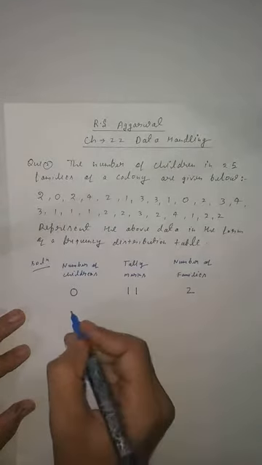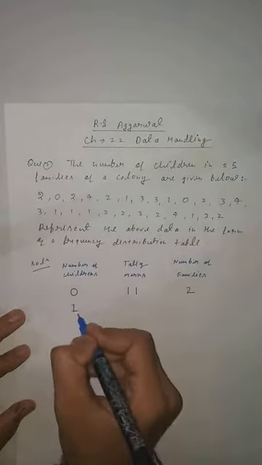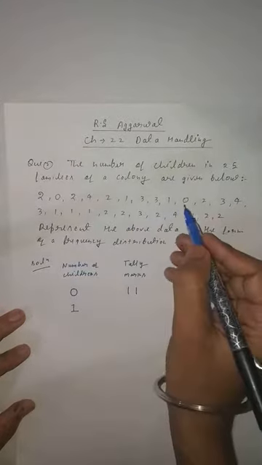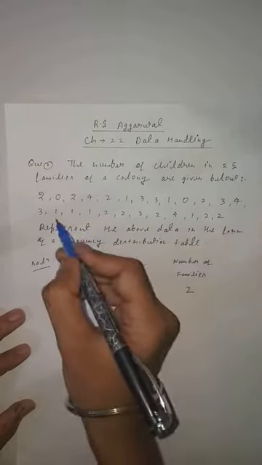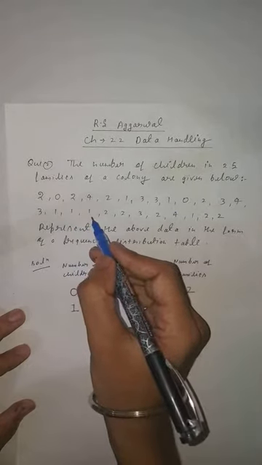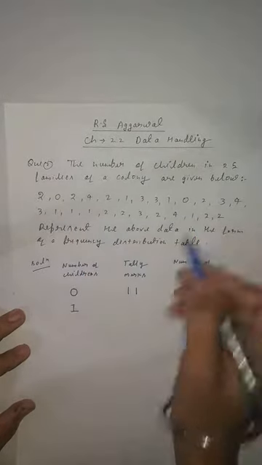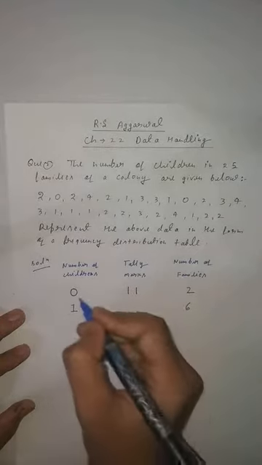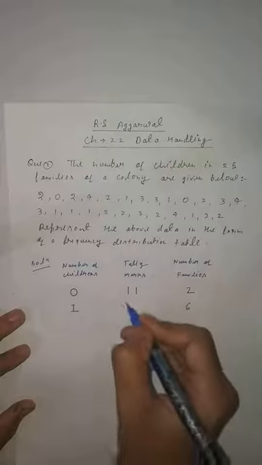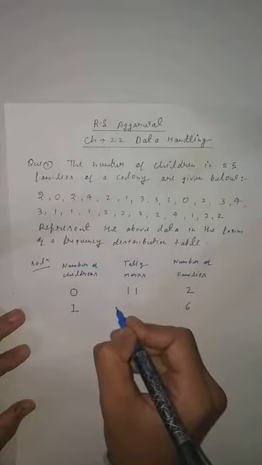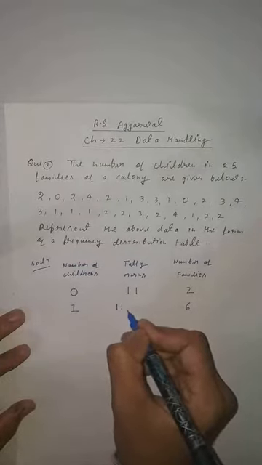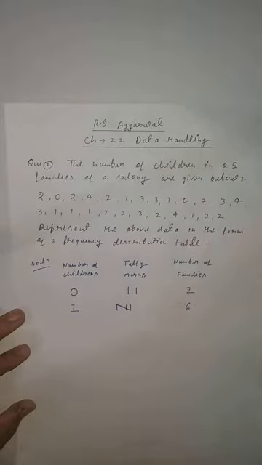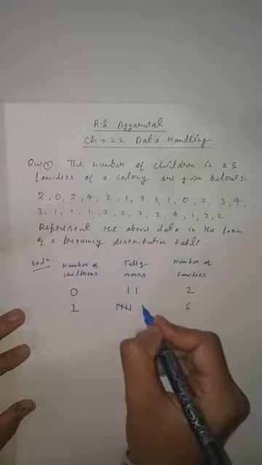Now come to 1, meaning how many families have 1 child. Count 1, 2, 3, 4, 5, 6. So 6 families have 1 child. Tally: 1, 2, 3, 4, and this one is your 5, and one more makes 6.